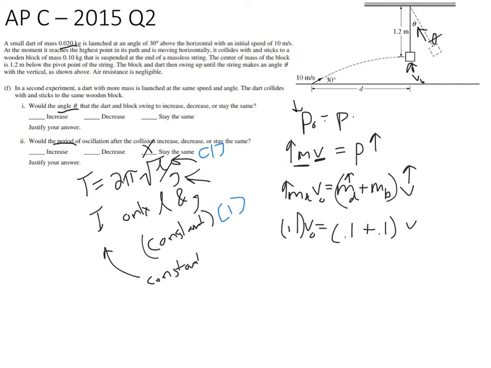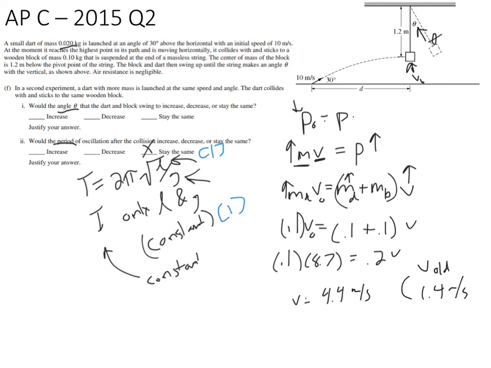So this ends up being 0.1 of 8.7 equals 0.2 v, so v is 4.4 meters per second, which, if you remember from before, the old velocity was 1.4 meters per second.